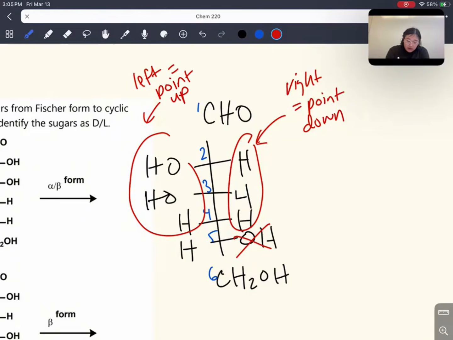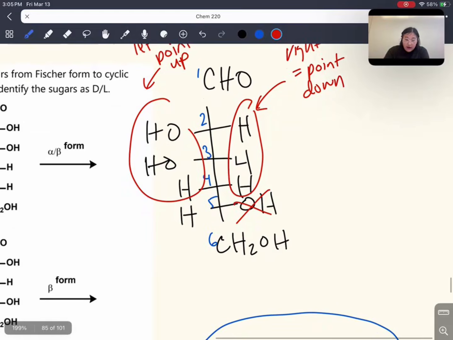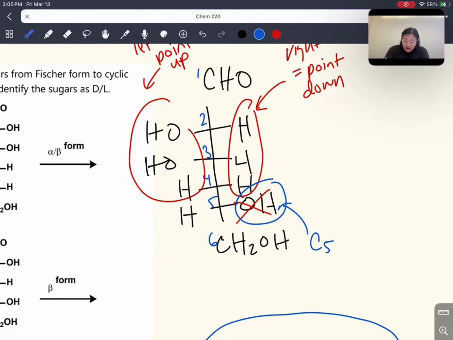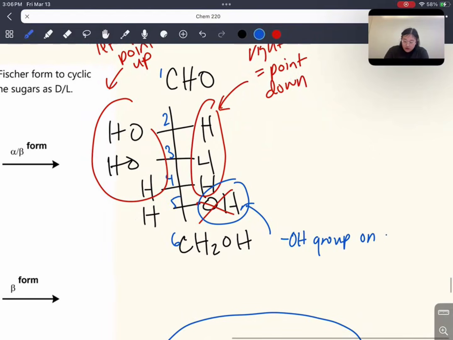Okay. If you have your OH group on the 5th carbon, I'm not going to call it C5 because sometimes you can have different lengths of sugars. But if your bottom carbon has the OH group on the right, you're going to have two things.